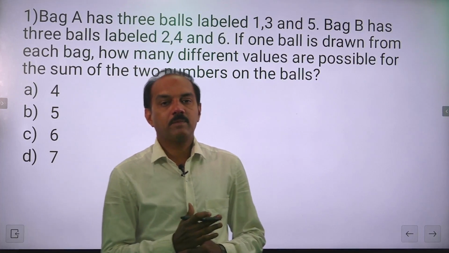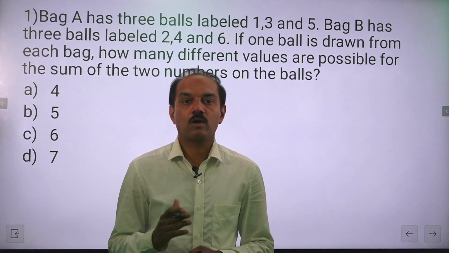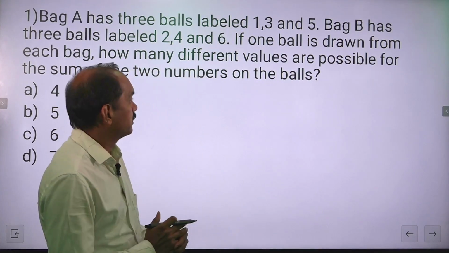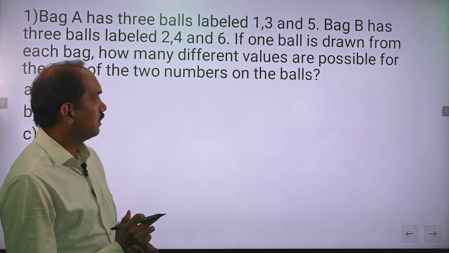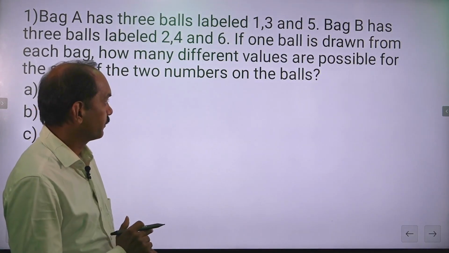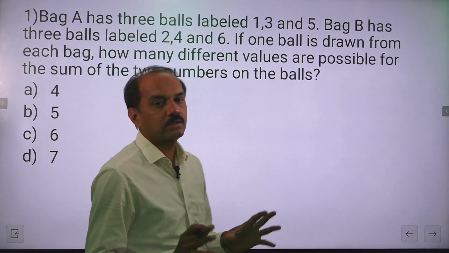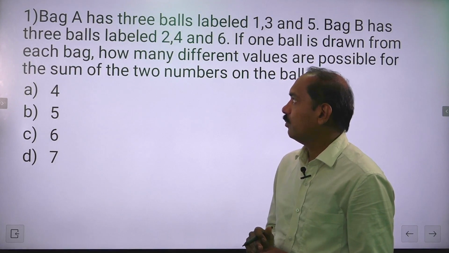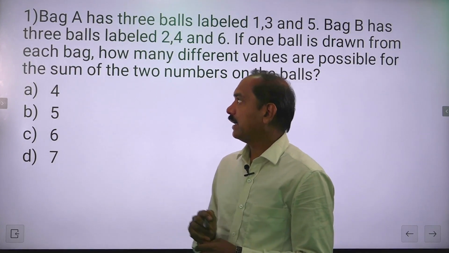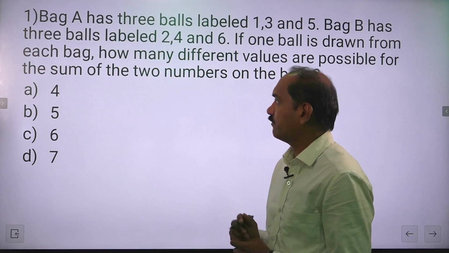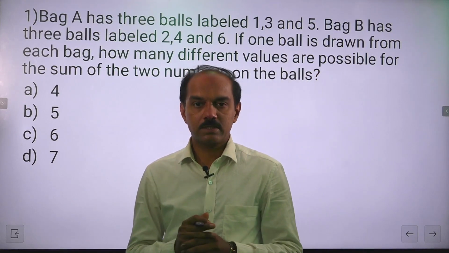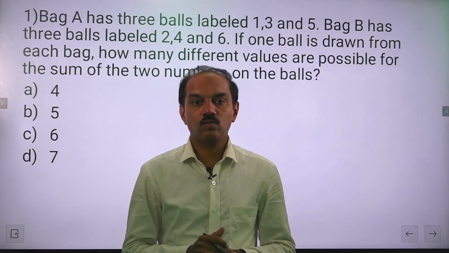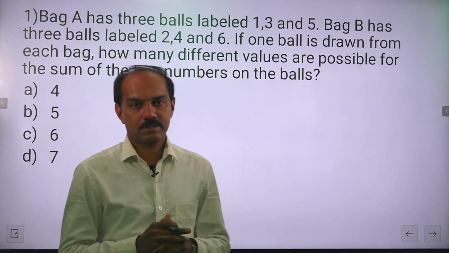Friends, he will be concentrating more on the numbers which are less than 10, and here is a problem wherein the answer lies below 10. Okay, so we have got 2 bags here, A and B. In each bag we have got 3 balls, and in bag A they are labeled 1, 3 and 5, meaning odd numbers, and in bag B the balls are numbered 2, 4, 6, which are even numbers, right?